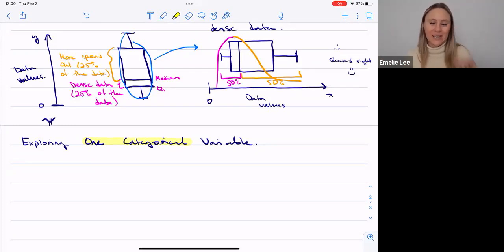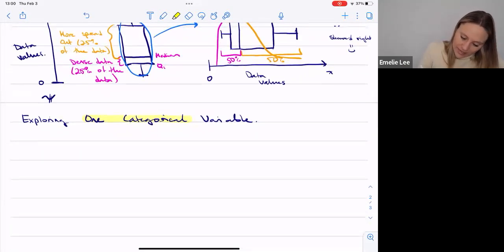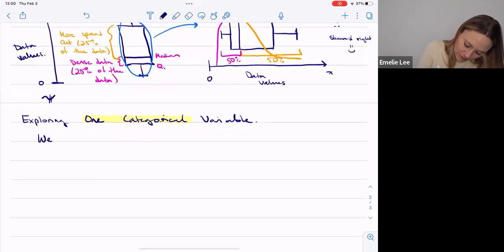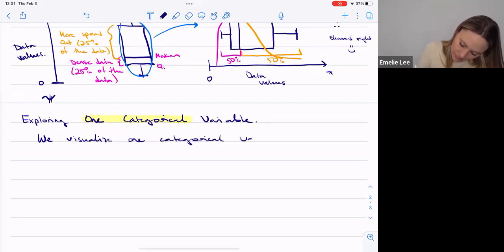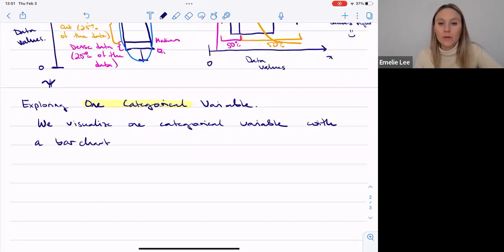So if we have one categorical variable, our only real options are a bar graph. Okay, and so exploring one categorical variable, we visualize one categorical variable with a bar chart, right, or a bar graph.